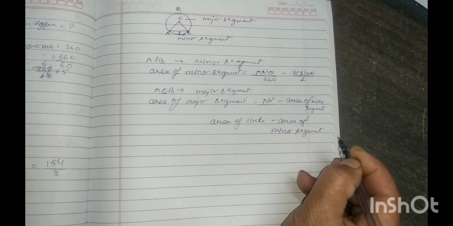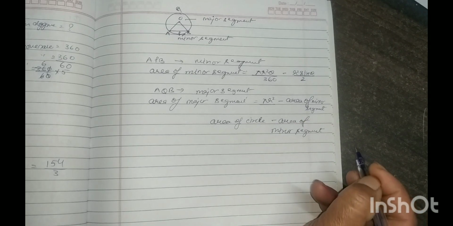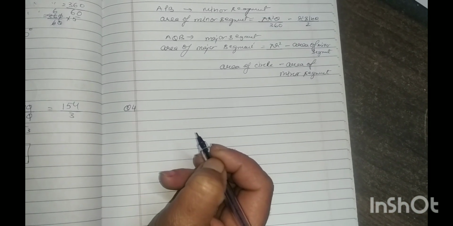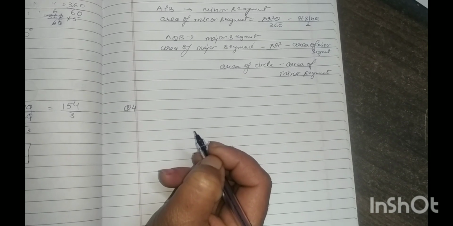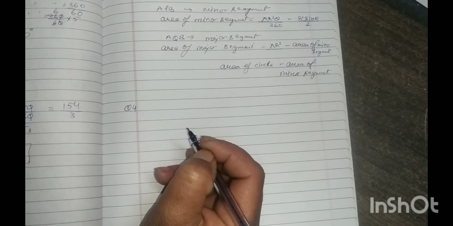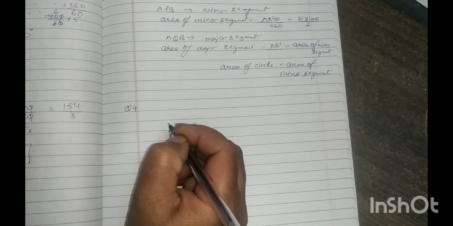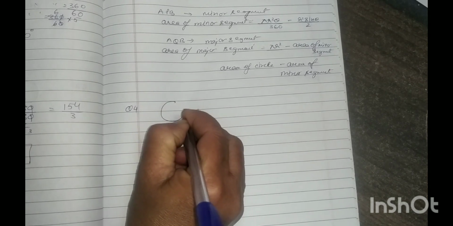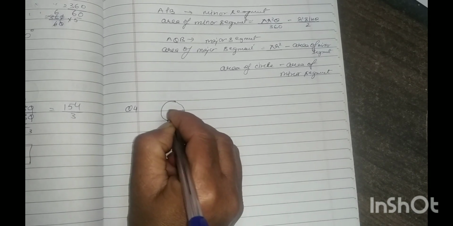Now question number 4. A chord of a circle of a radius 10 centimeter subtends a right angle at the center. Find the area of the corresponding minor segment and major segment. That is a circle.